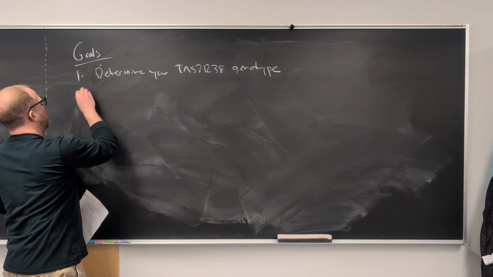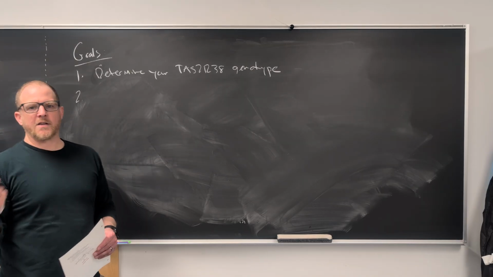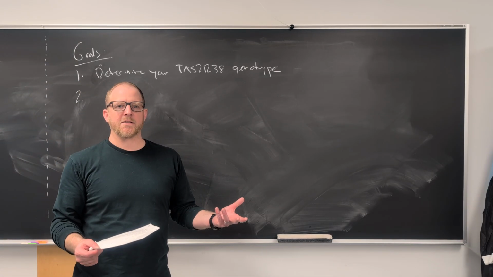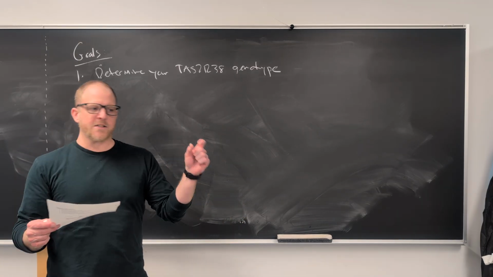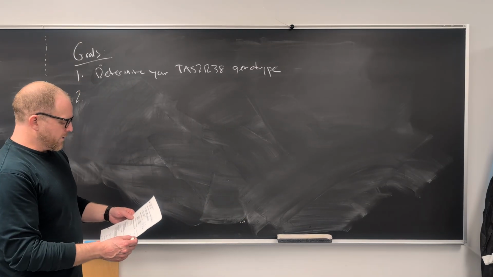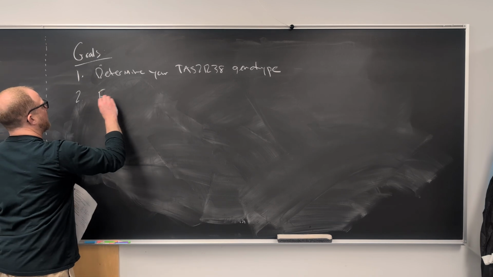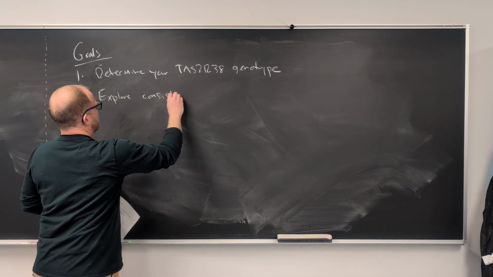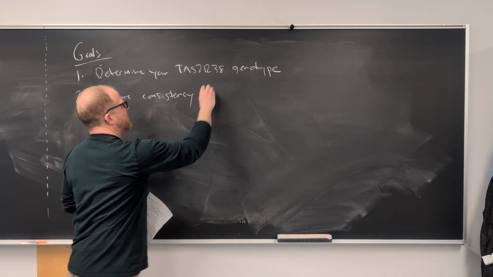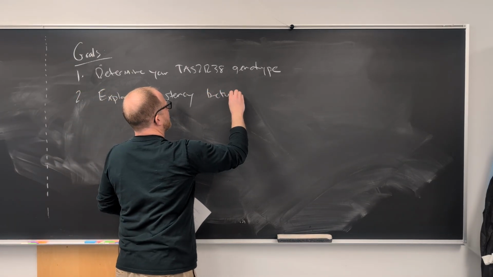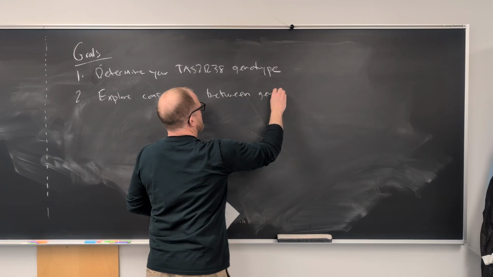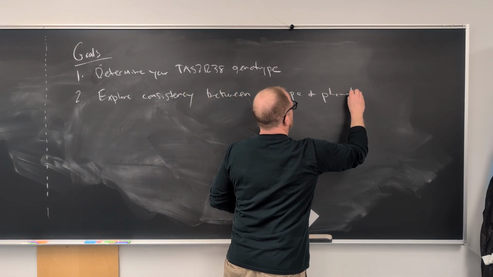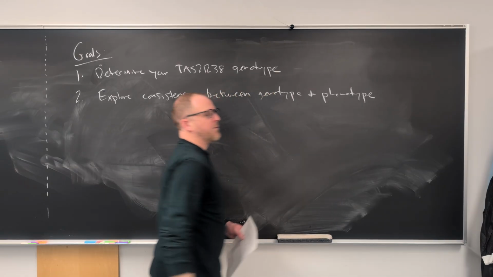Along with that, we can start to compare this genotype with your phenotype. We'll have a couple of different methods to assess your bitter taste sensitivity, both broadly and specifically to PTC. So we can also explore consistency between genotype and phenotype.